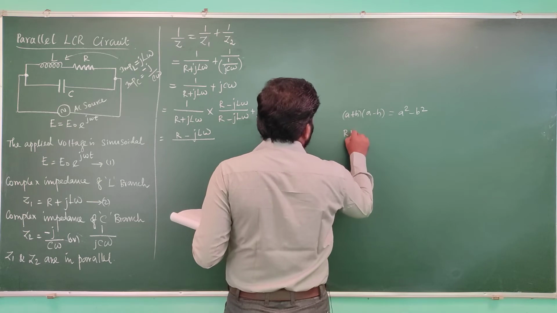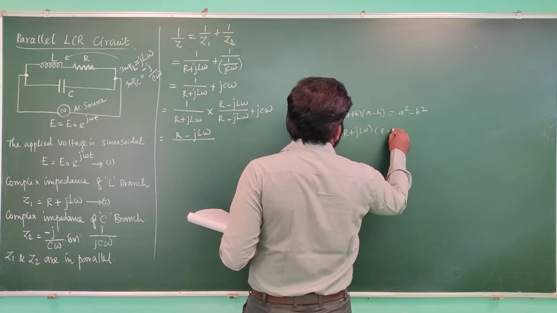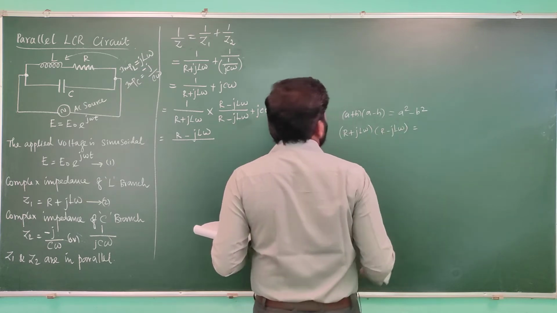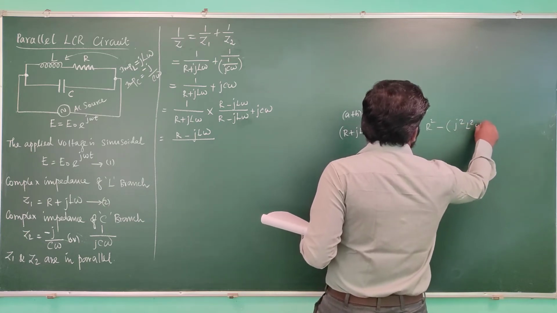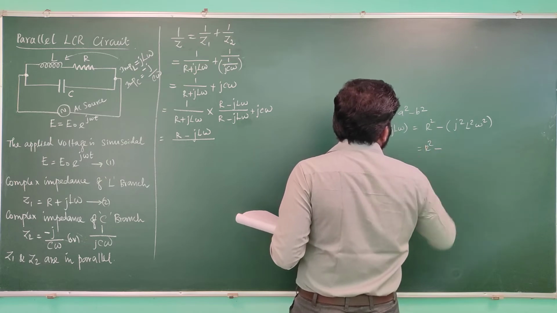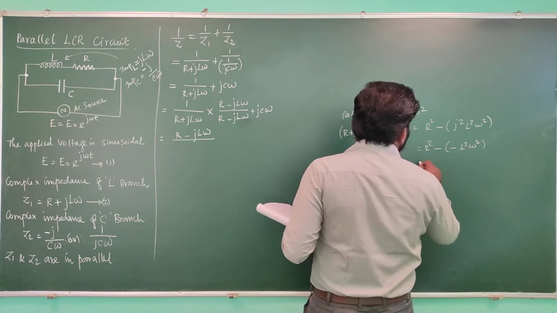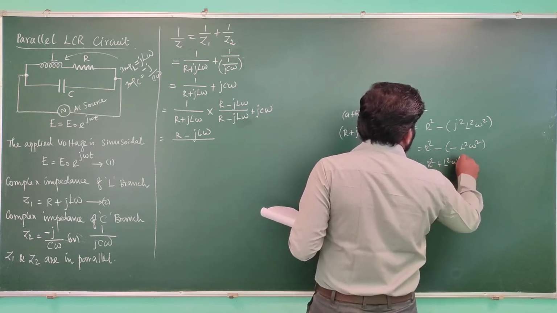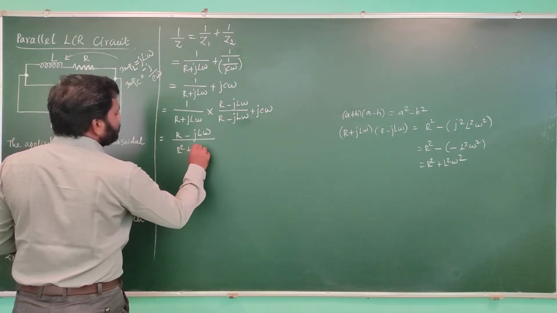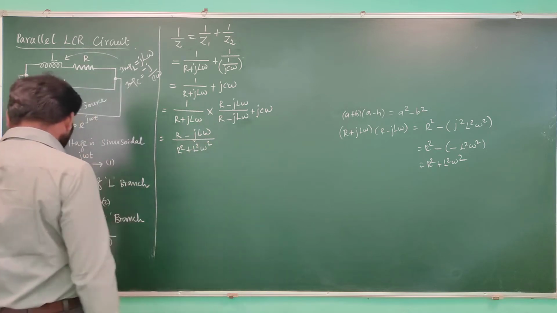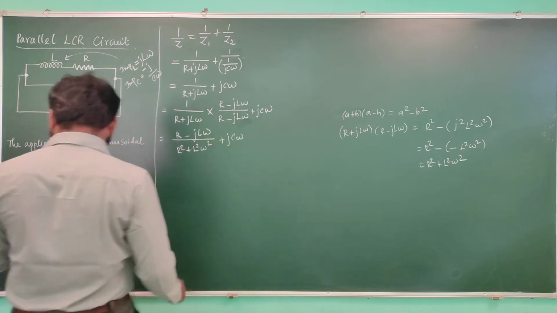A plus B is R plus j L omega multiplied by R minus j L omega, which is equal to R square minus j square L square omega square, and j square becomes minus 1, so this becomes R square plus L square omega square, right? So here this becomes R square plus L square omega square plus j C omega.